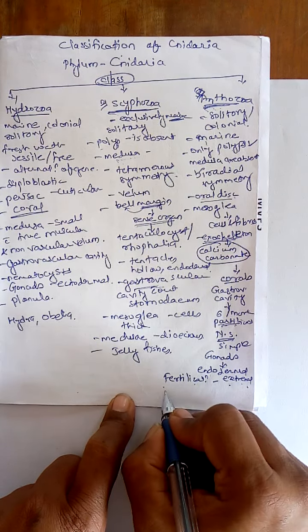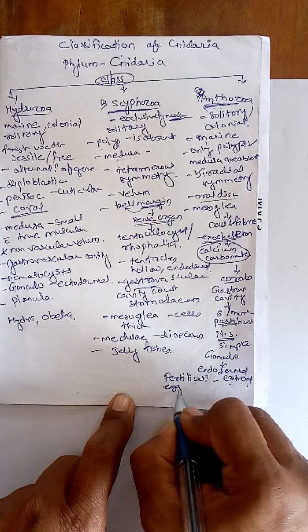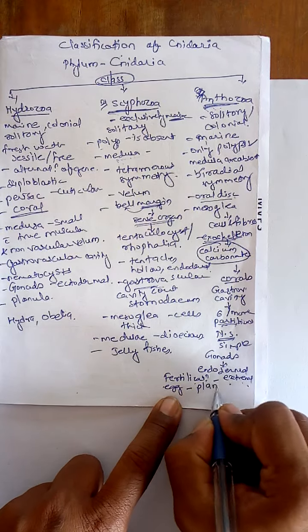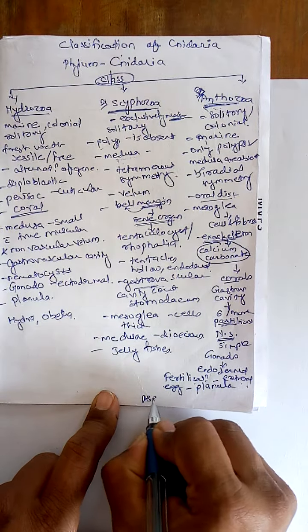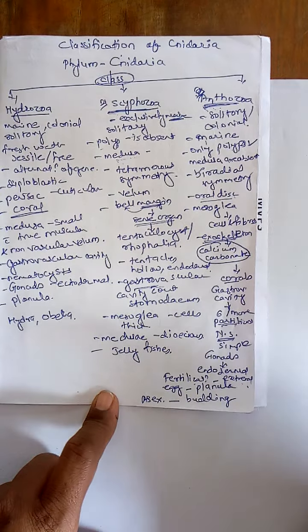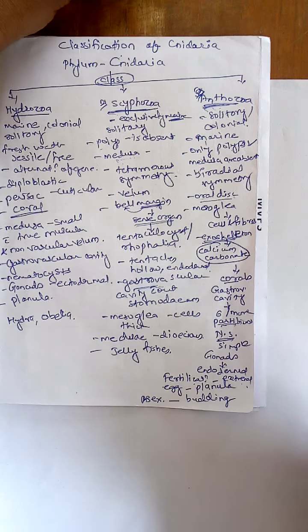The fertilized egg is called the zygote, and it develops into a larva called the planula larva. Asexual reproduction also takes place by budding. So these are the different characters of the Anthozoa, which is the third class.